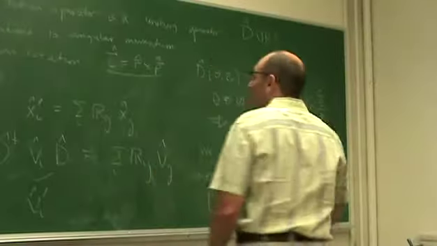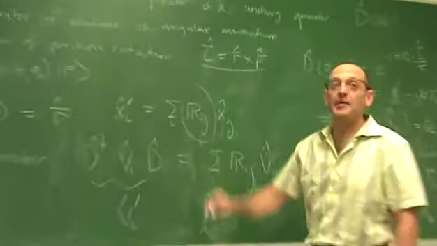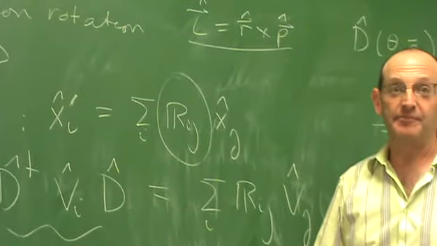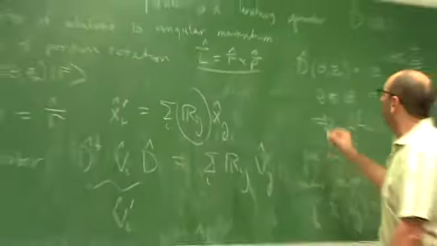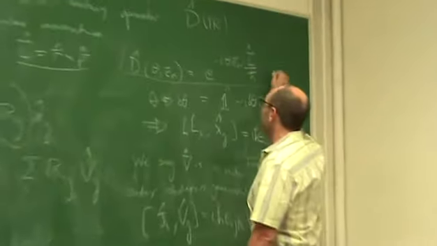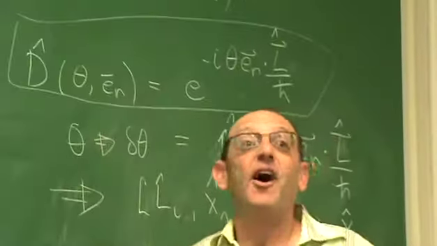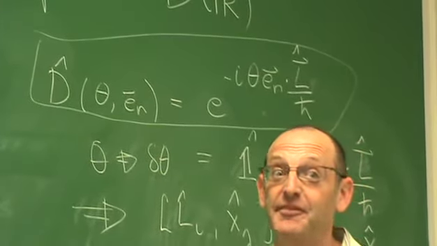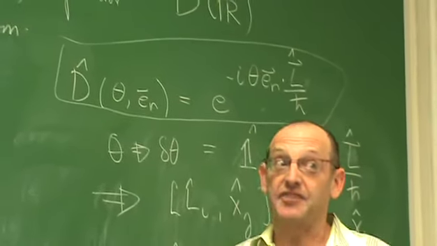I said these rotation matrices are in the group SO(3). But these unitary operators are generally, because they must include spin, in the group SU(2).